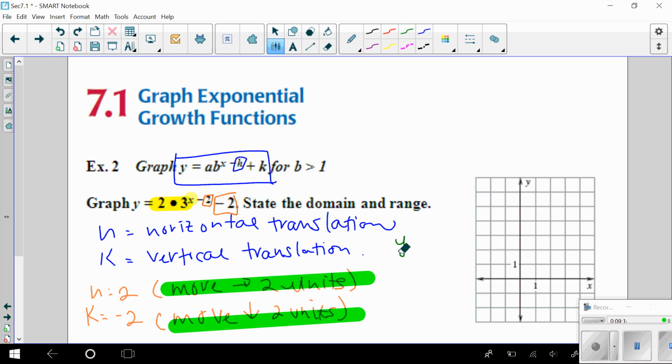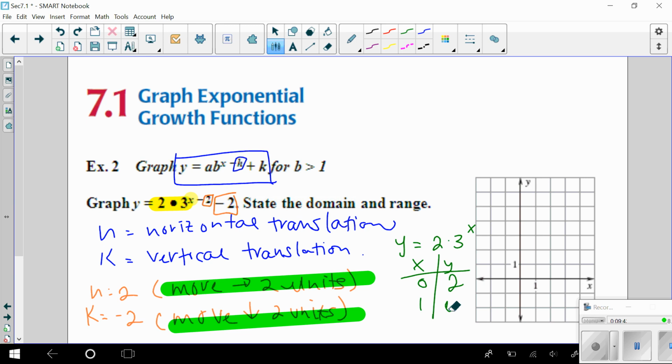So when our y is 2 times 3 to the x power, we're going to plot x and y points. We're going to plot 2 of them, where x is 0 and x is 1. So when x is 0, we have 2 times 3 to the 0 power, or 2 times 1. That's going to give us a value of 2. And when x is 1, we're going to have 2 times 3 to the first power, which is 2 times 3, which is 6.